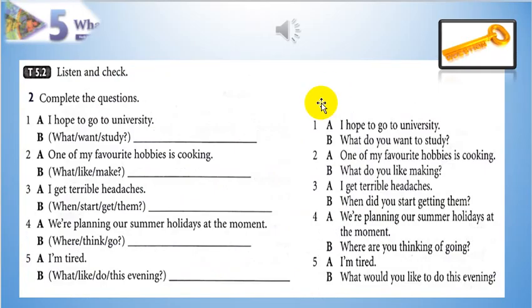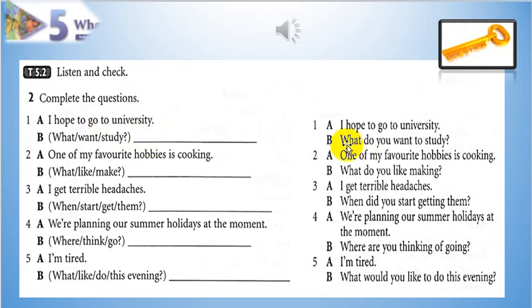Now, a key exercise, which means this is an important exercise. 5.2, listen and check. Complete the questions. In A, there's the answer, or a sentence. Here in B, there is a question. You should put the words of the question in the correct order.